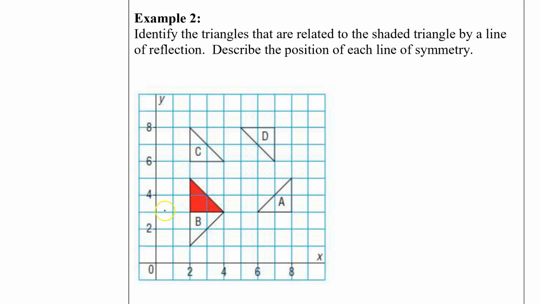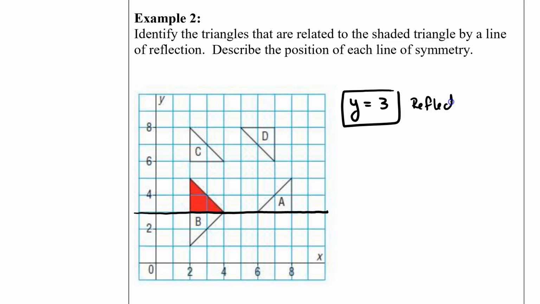So if I were to draw a line right here, this one is kind of the most obvious to me. If we would draw a line at y equals 3, we would have reflection image B, because all the points on these two triangles are equidistant away from each other.